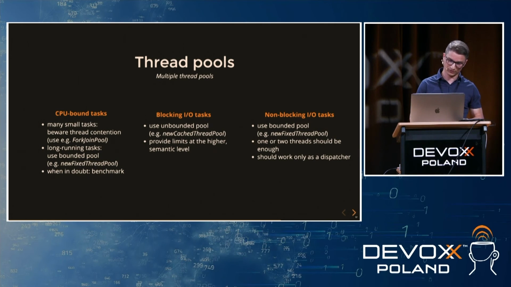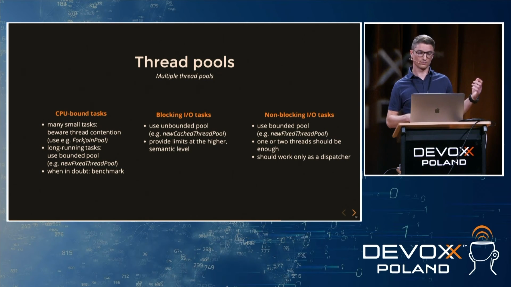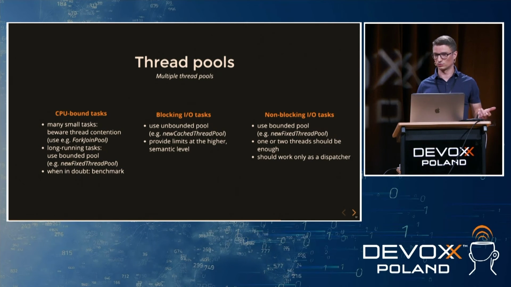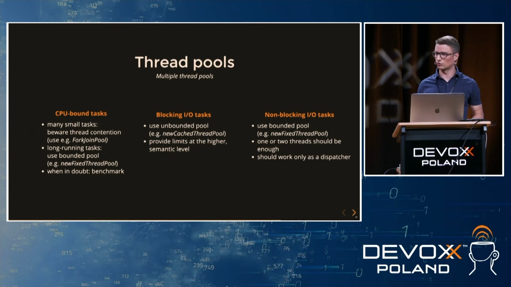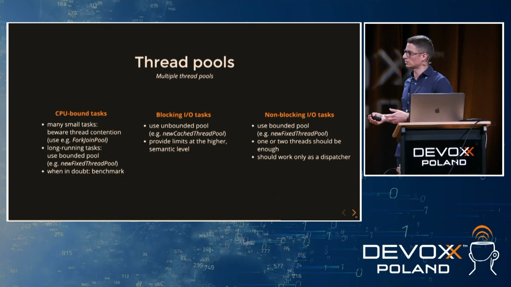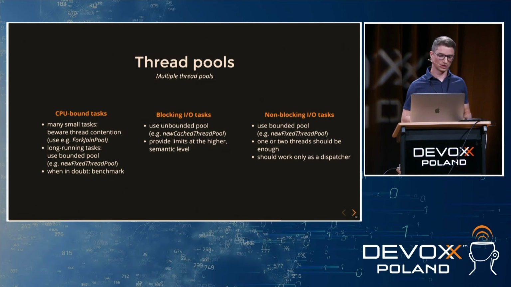It's not good to have a pool that has a single queue in the implementation, because your threads will contend over that queue. In such cases, it's good to have an implementation that has many queues in its internals. For example, fork join pool has many queues inside, so you can use fork join pool in such a case.